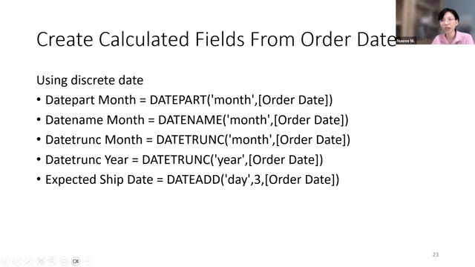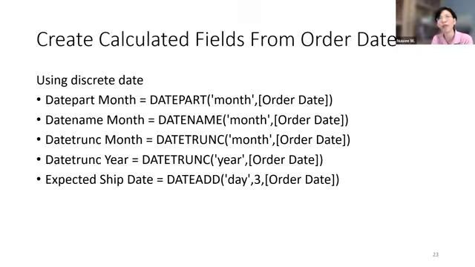Right now, we will create at the same time 5 different discrete date calculated fields from order date: date part month, date name month, and date trunk month, to see the results we talked about in our dry run earlier, then date trunk here, and expected ship date.